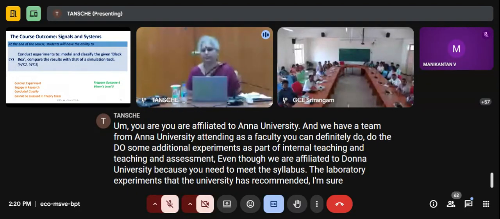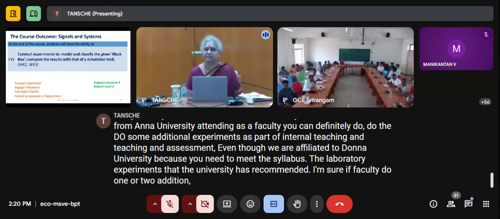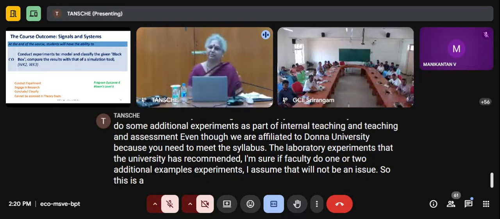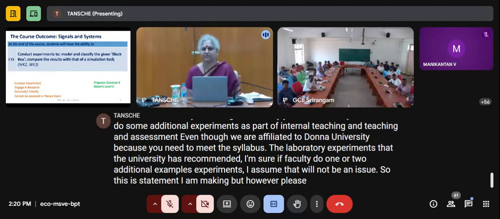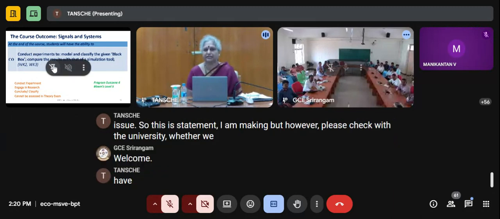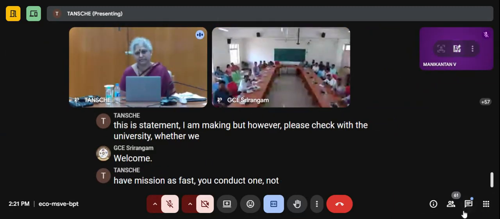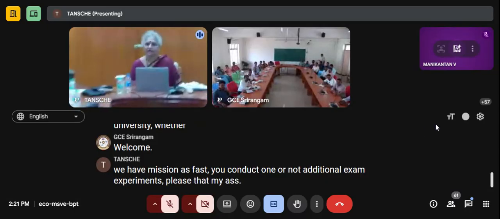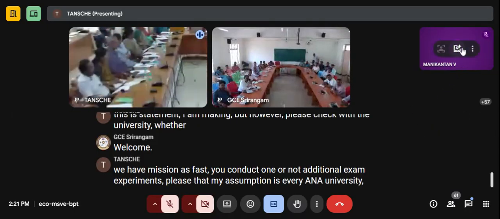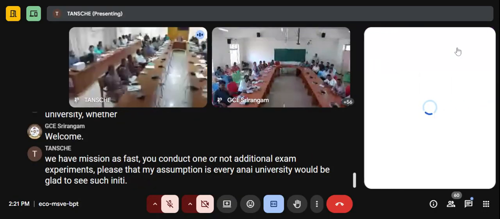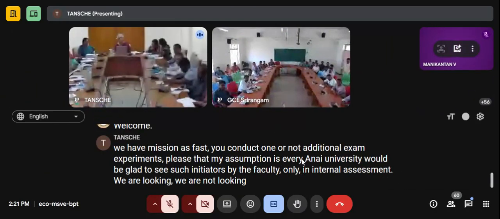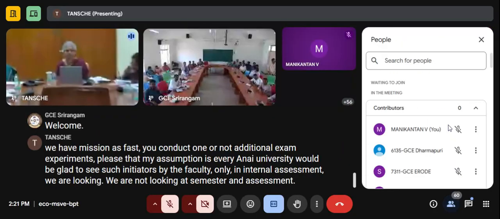I'm sure if faculty do one or two additional experiments, there will not be an issue. This is a statement I am making, but please check with the university whether we have permission as faculty to conduct one or two additional experiments. My assumption is Anna University would be glad to see such initiatives by the faculty, if we are only looking at internal assessment and not the semester end assessment. This is what I am assuming.